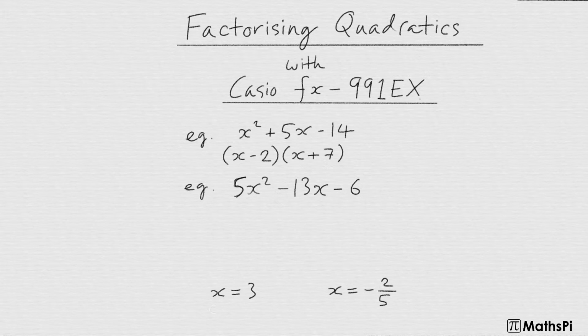Taking first of all that x is equal to 3, if we subtract 3 from both sides here, we can get x minus 3 is equal to 0, and that will give us that x minus 3 is one of our factors. Taking the second one, we just need to be a bit more careful because there's fractions involved and you would need to get rid of those. So first of all here you would want to multiply both sides by 5.